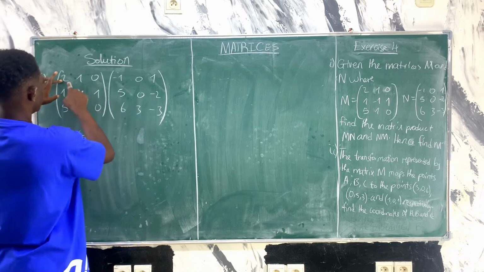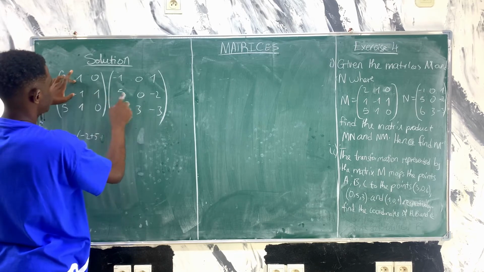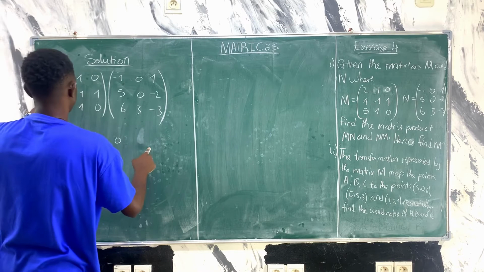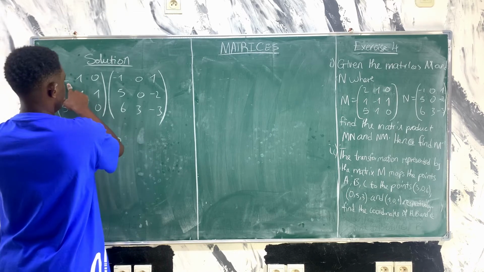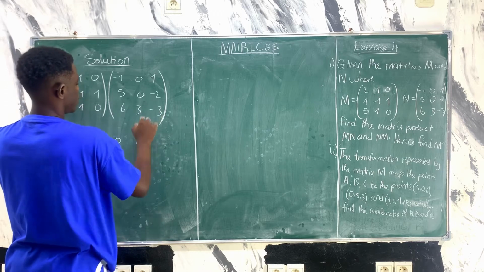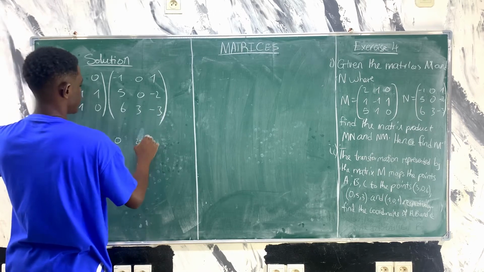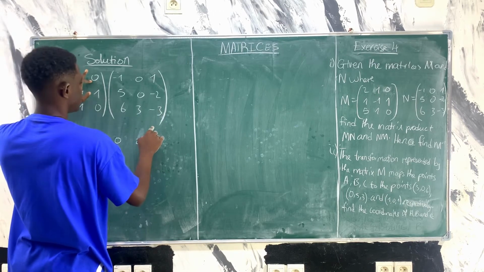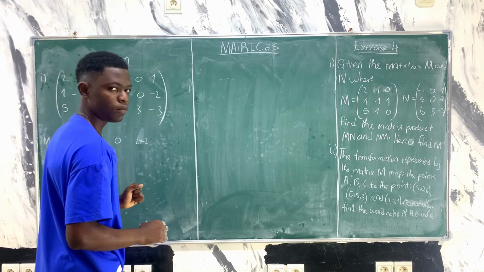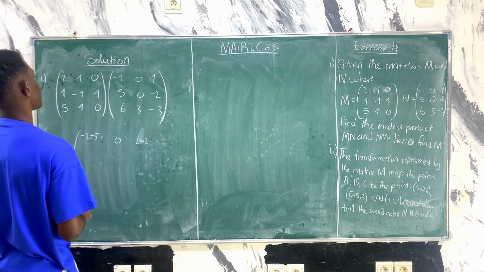We put the answer here: 2 times 0, 0, 1 times 0, 0, 0 times is 0. First row, third column: 2 times 1, 2, plus, well, this is minus, so 1 times minus 2, minus 2. 0 times this is 0. So we leave it that way.